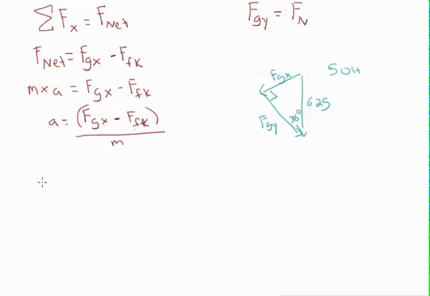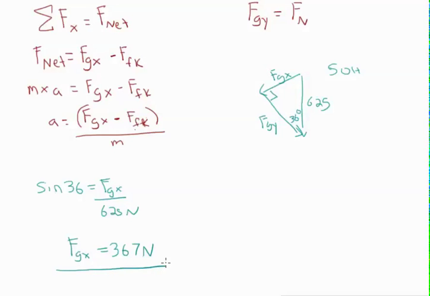The sine of theta equals opposite over hypotenuse. We can calculate that our FGX is equal to 367 newtons. And I'm not going to circle it because it's not my final answer, but I'm going to underline it so I can find it easier in a minute.